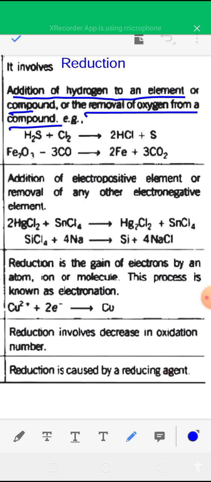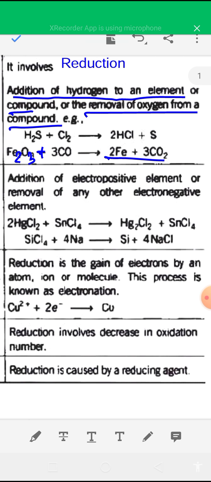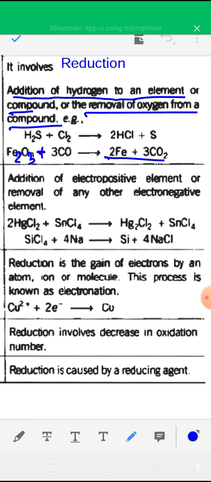Similarly, when Fe2O3, ferric oxide, reacts with carbon monoxide, it gives Fe and CO2. In the first case, hydrogen sulfide reacts with chlorine, so chlorine combined with hydrogen.